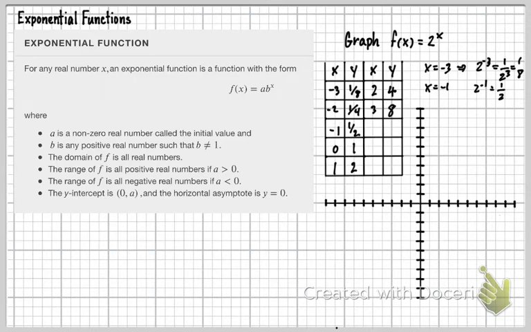So I'm going to use a different color here. I'll use a purple this time. All right, so we're just going to plot these points. So at negative 3, it's 1/8, so just above the x-axis. And then at negative 2, it's 1/4, so it's a little bit higher. And then at negative 1, it's 1/2.